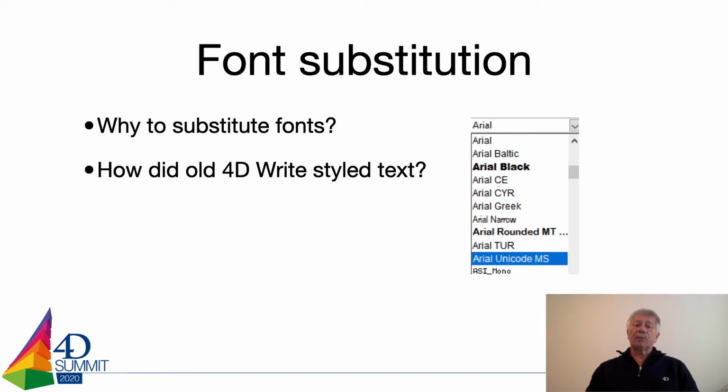This is the font pop-up view. This is the old font pop-up menu in the old 4D Write. For example, for Arial, you could use a certain font style directly because all styles installed at the system level are displayed in this font menu, as you can see here. You could also choose Arial and style it bold or italic with the style buttons in the toolbar.